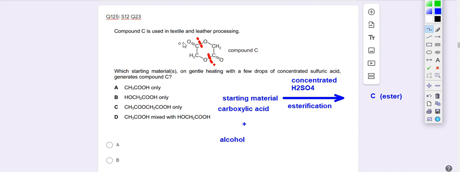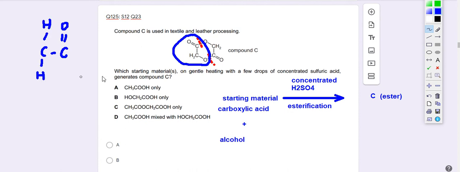I'll start with this part: C double bond O, then CH2, bonded to another O. In hydrolysis of ester, for this C double bond O part we add OH, because we know that it came from the carboxylic acid.